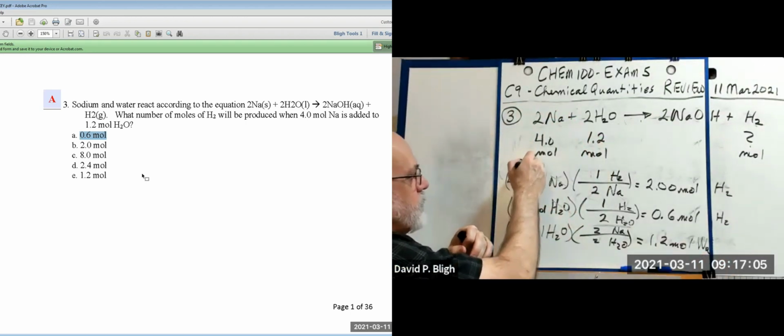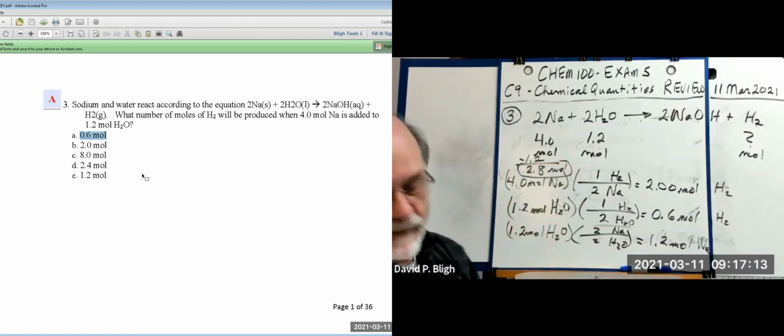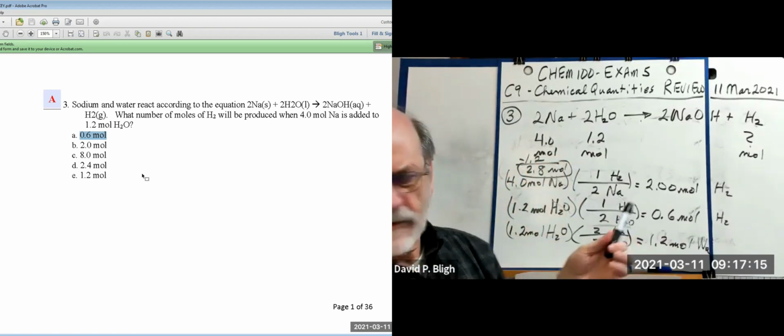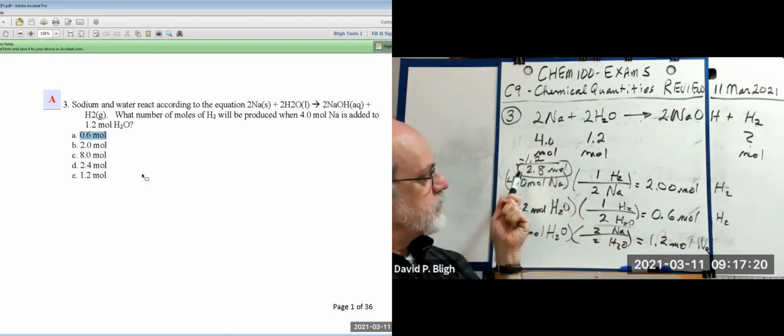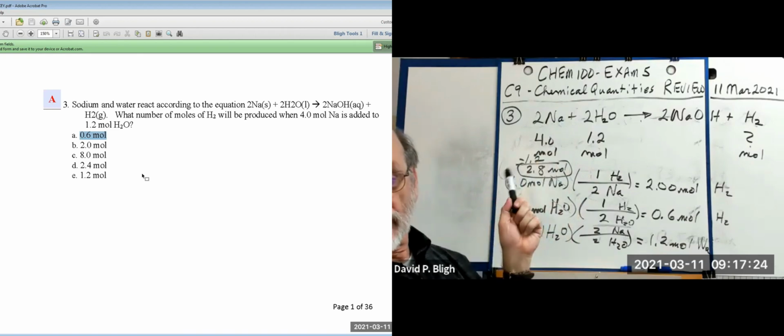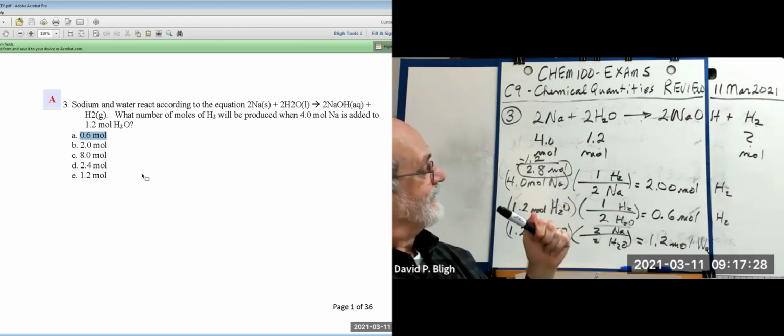You're going to have minus 1.2. Right? So it'll be 2.8 moles of sodium remain. That wasn't one of the questions, of course, but I couldn't resist. So we'll use up all of our water, and we'll have 2.8 moles of sodium left over. Right?